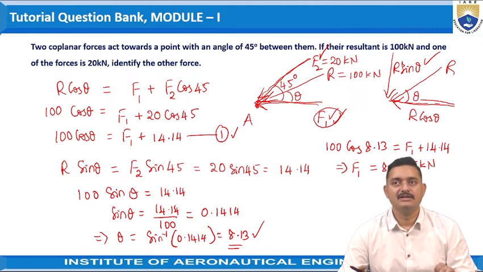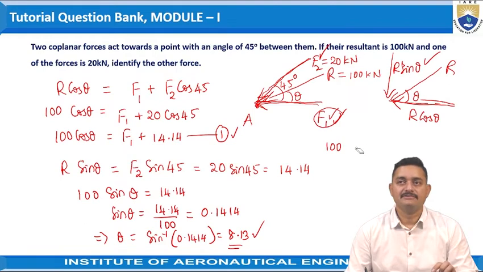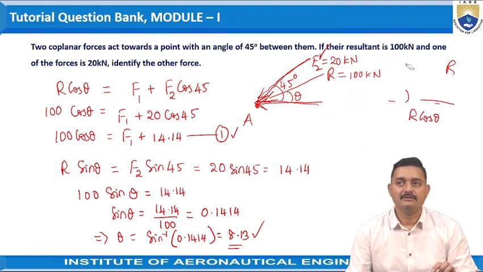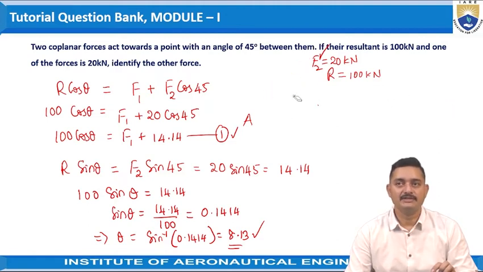So in this way, we have identified the F1 force, that is the second force in the system. As we have seen, the way in which this problem is solved is related to the components of the forces taken for the given system of forces.